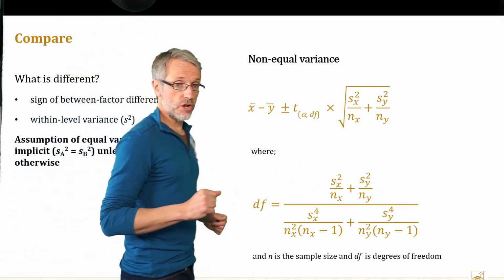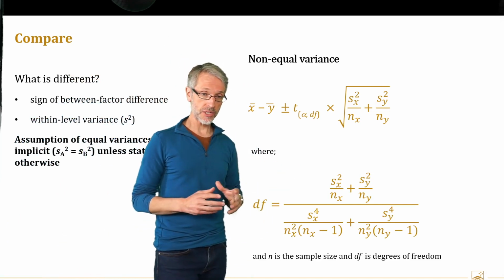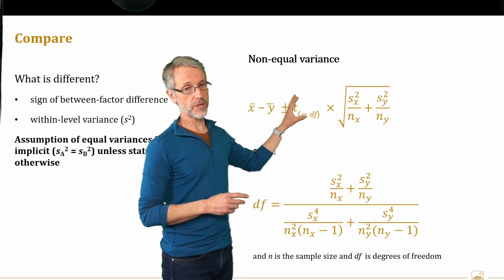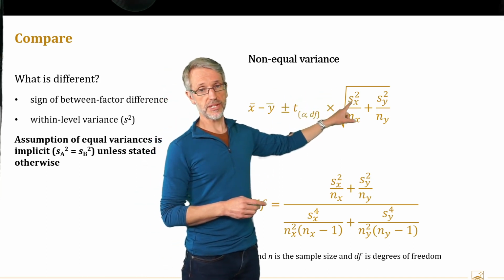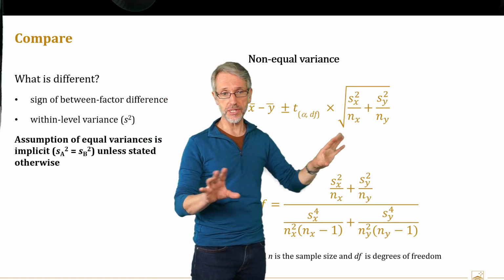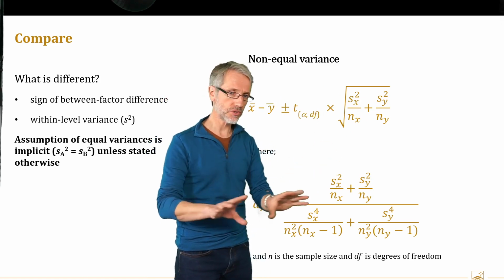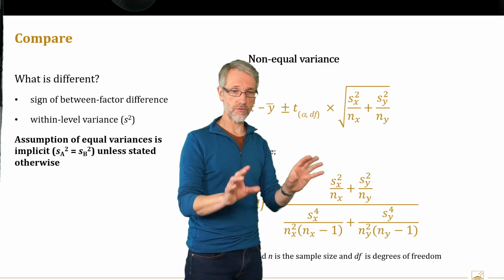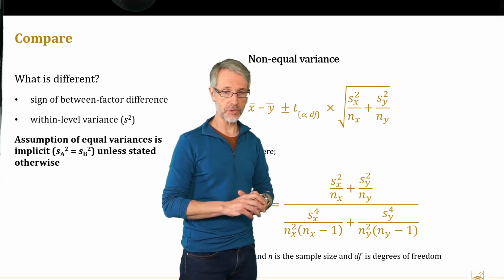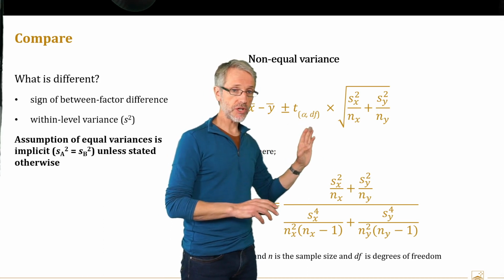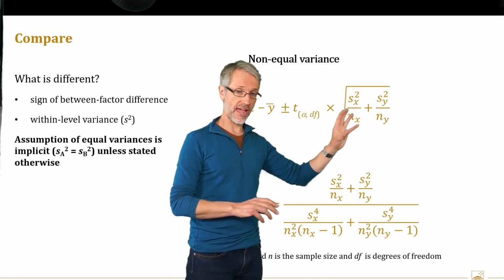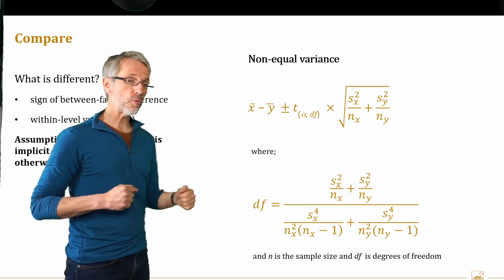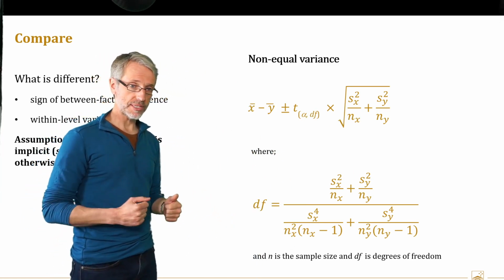If we have non-equal variance, well, things change a little bit, and you can see that difference here. In the confidence interval calculation, the deviance for x and y are treated differently. So they are not treated as equal now. We have separate terms for them within our confidence interval calculation. The big change here, other than that, is that we calculate our degrees of freedom relative to the variance in the data set.